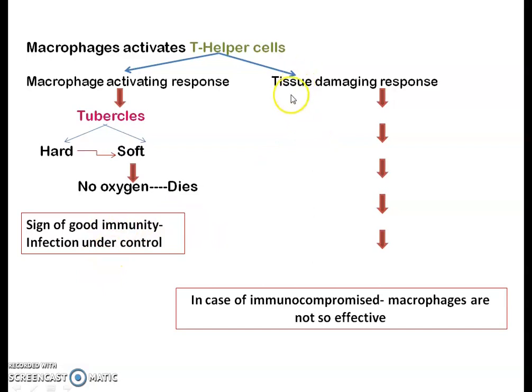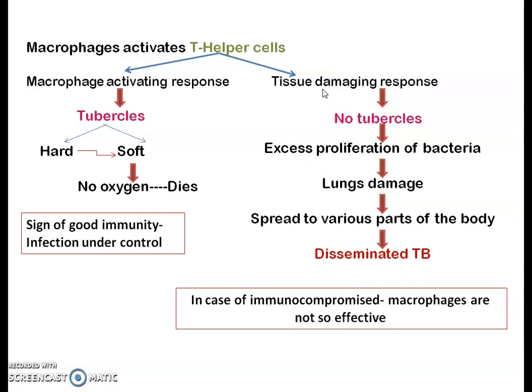But in some cases, the tissue damaging response will be high, and that will be in case of immunocompromised. Macrophages are not so effective, so the tissue damaging response will be higher there. So there will be no tubercle formation.